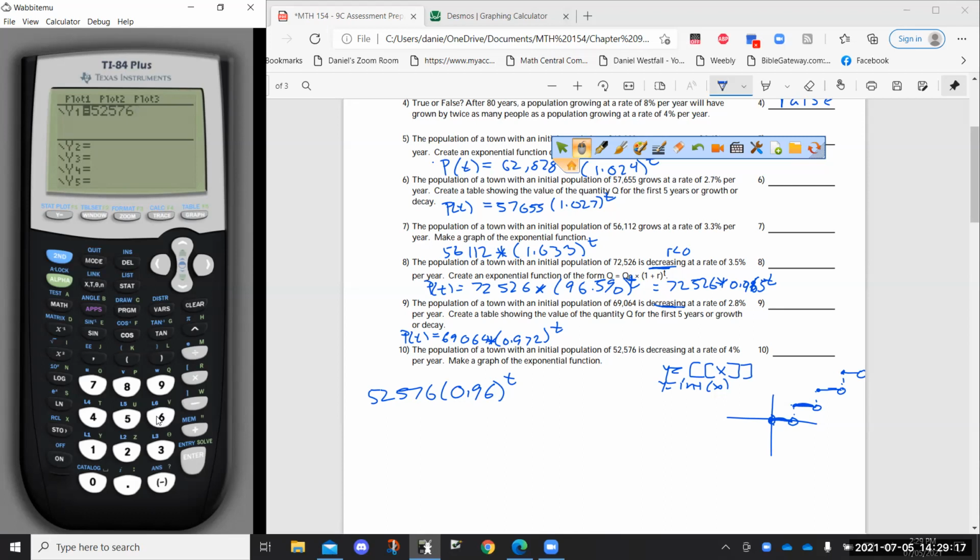52,576 times 0.96 raised to the x. I'm going to play with my window because this is going to be the tallest that I want it to get.